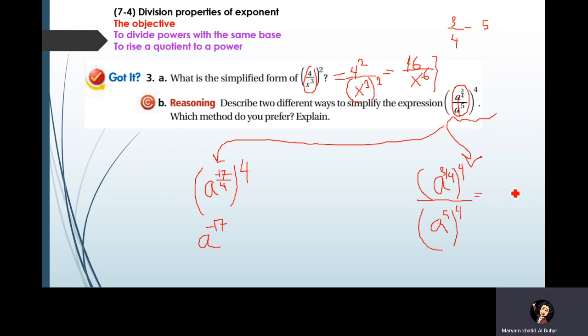So the first one will be a to the power 3, and down it will be a to the power 20. That's what you learned before. You learned this also in this lesson: that will be a to the power 3 minus 20, a to the power negative 17, which is exactly the same thing as here. So do it the way that you like if you have the same base. If you have different bases like this, you must distribute your power before you do your work.